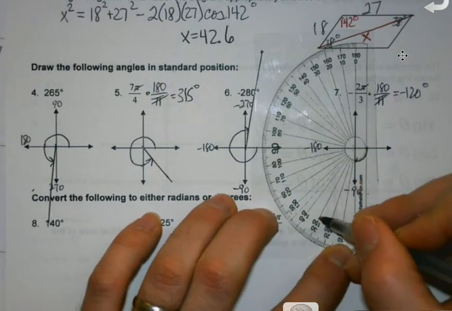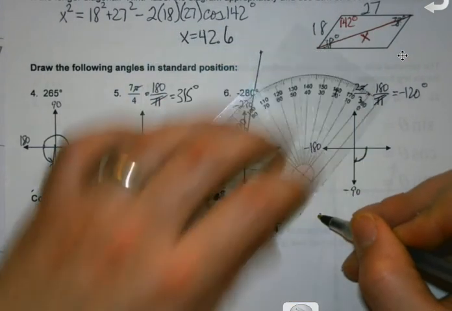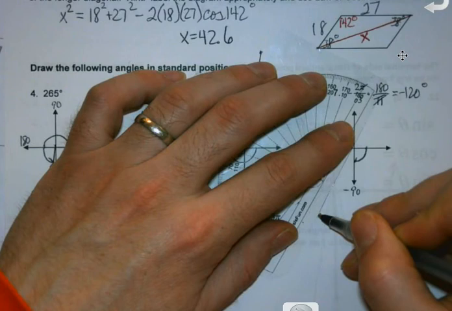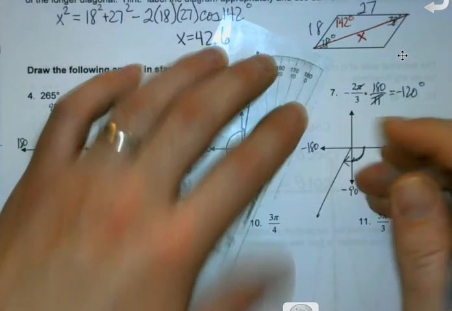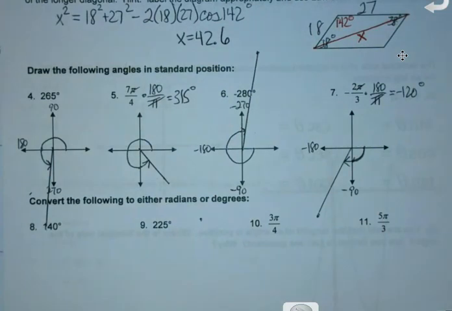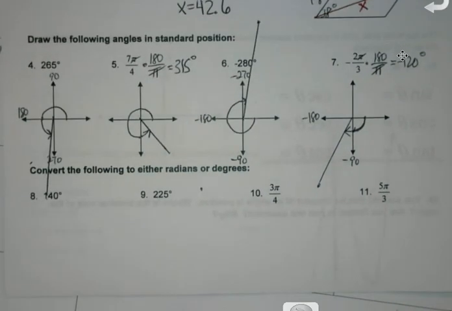So I'm like, okay, there's my 30. And I'm ready to roll. So get those initial 90s done, and then you just use your protractor to figure out that extra little chunk at the end.